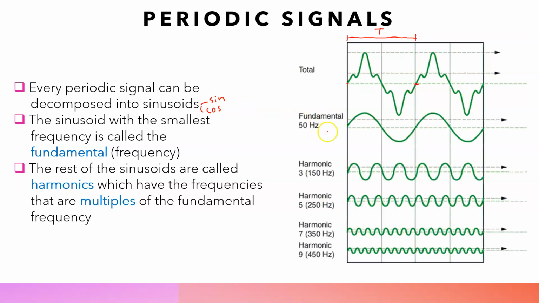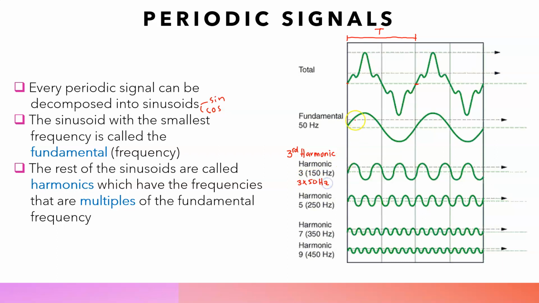Let's have a look here. This is the fundamental frequency, because this signal is the one with the smallest frequency, which is 50 Hz. Now we have this harmonic 3, or sometimes you also call it the third harmonic. This signal's frequency is 3 times the fundamental frequency, which is 50 Hz.